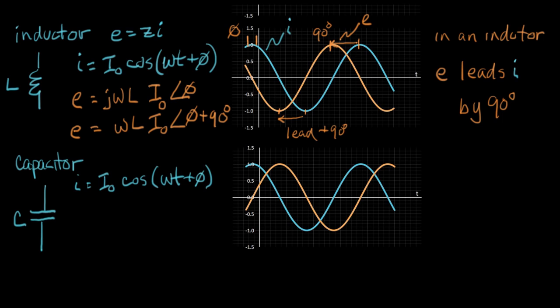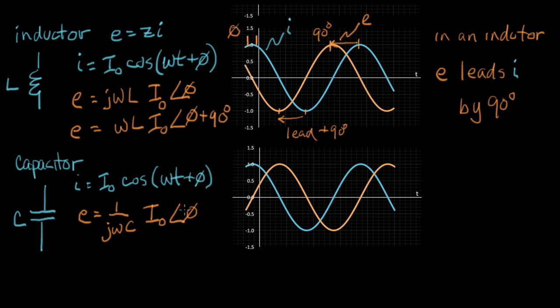And now let's work out the voltage across the capacitor. So the voltage across the capacitor, E, is the same thing we have here. E equals Zi, or I can write E in the capacitor equals Z. Now what is impedance of a capacitor? It's 1 over j omega C. That's Z. And I, we represent the same way as we did before. I naught at an angle of phi.